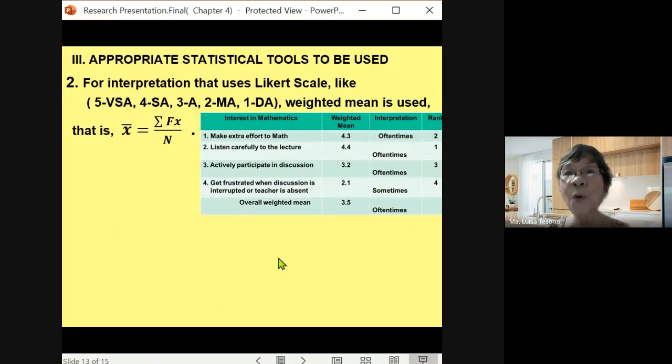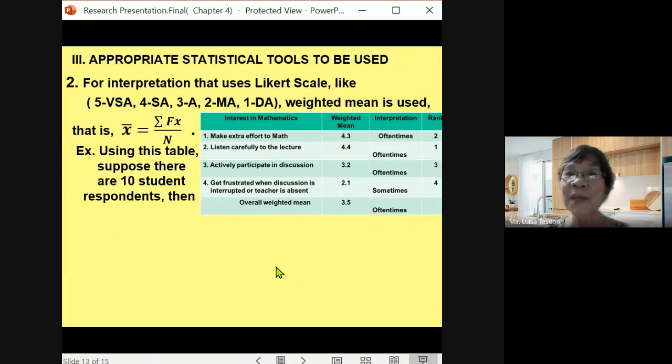Okay, let's go back to the table about the factors affecting the student's interest in mathematics. There is a column which indicates the weighted mean. Let's see how this column is obtained. Suppose in this table there are 10 respondents. There are 10 student respondents.